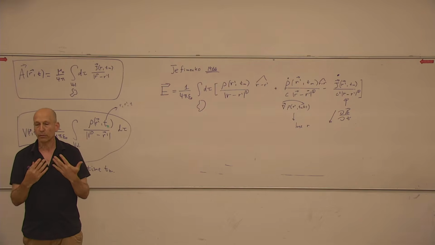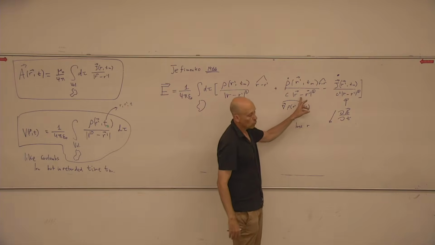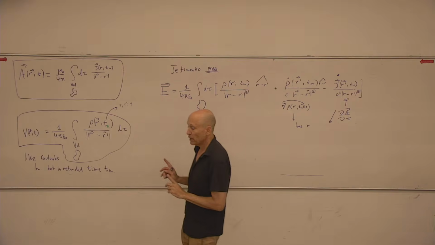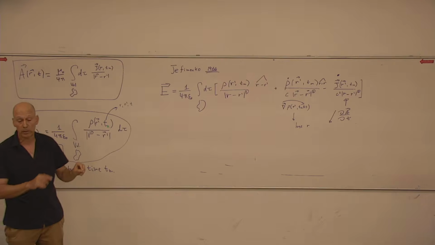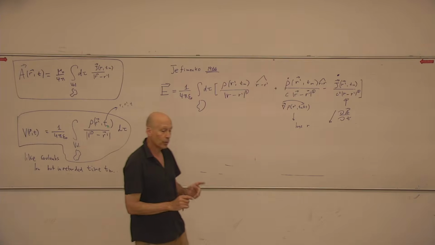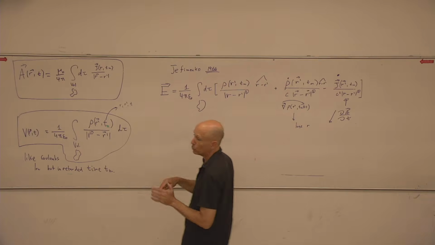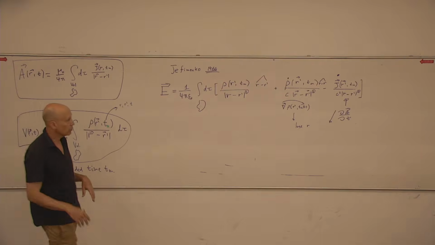You can transmit over long range because it decays so slowly, 1 over r, not like 1 over r squared. With 1 over r squared this argument doesn't work: if E is 1 over r squared and B is 1 over r squared, the Poynting vector is 1 over r to the 4, and then the integration with r squared will vanish. This is super important.